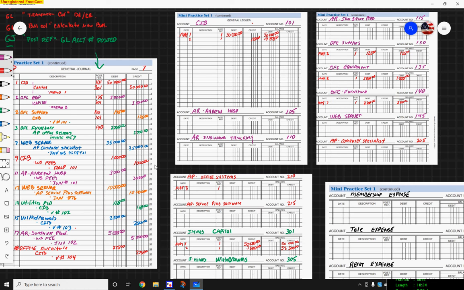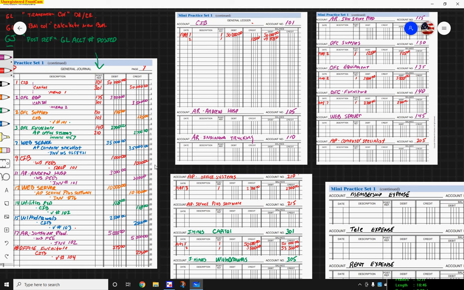Came from journal page number 1. It was Office Systems for a $2,700 credit. So we owe them that money, right? And no previous balance to speak of, so it's a $2,700 balance. Take the 210, which is the account number, and make sure you put that into the post reference.